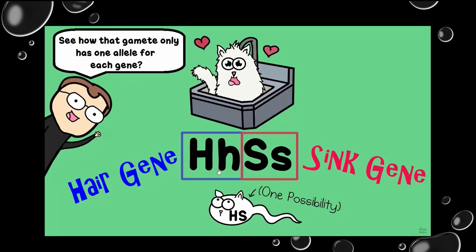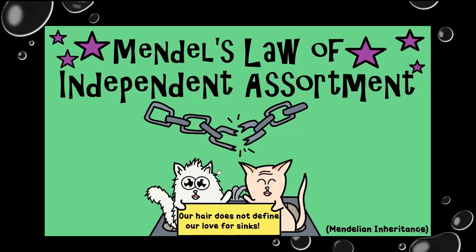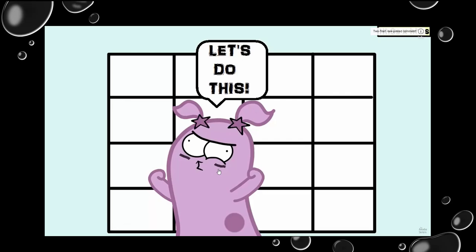In those gametes, with each of them having two alleles, you have to account for every possible combination. Mendel's law of independent assortment says that those alleles are not linked. That means a cat can have hair and like sinks, or not have hair and like sinks. There is no link with the sink. It rhymes. So let's work out a dihybrid with the parent cross here.